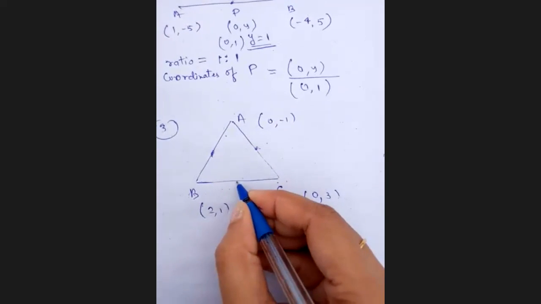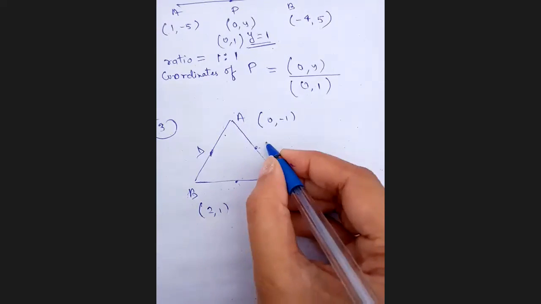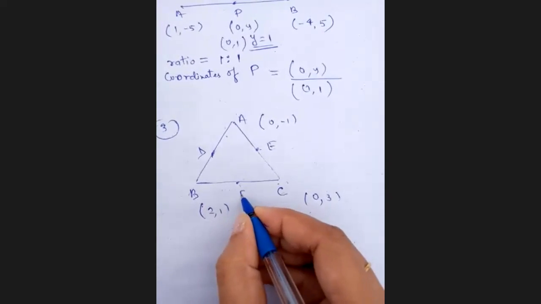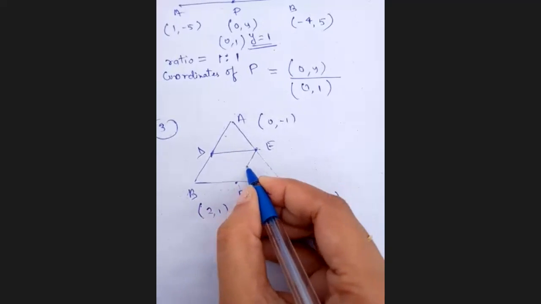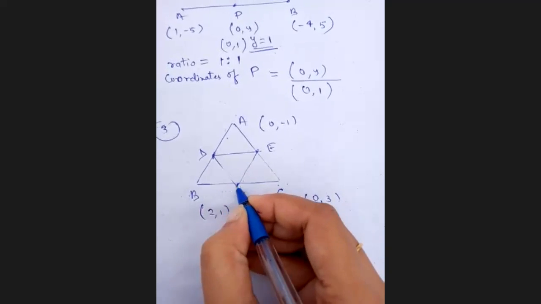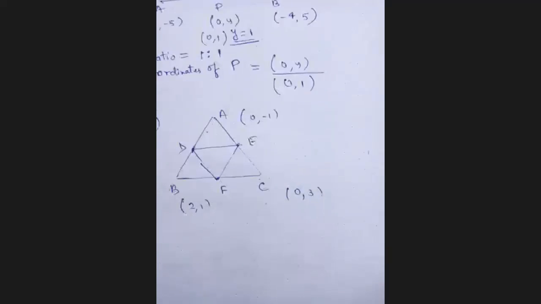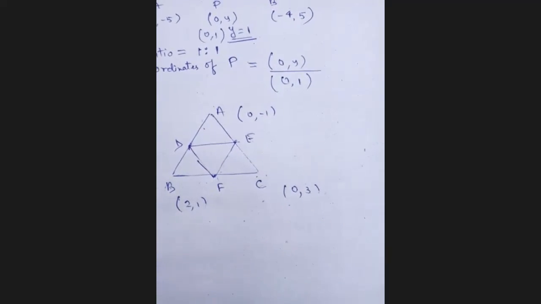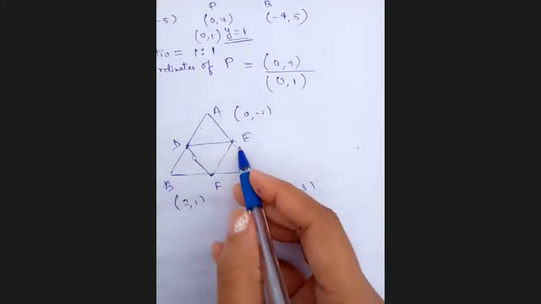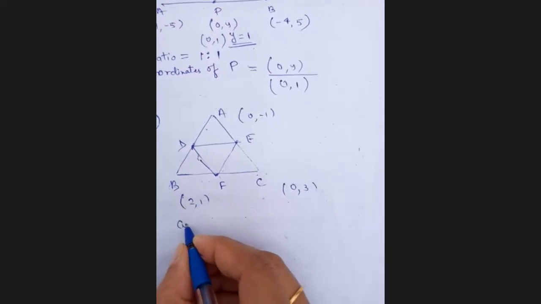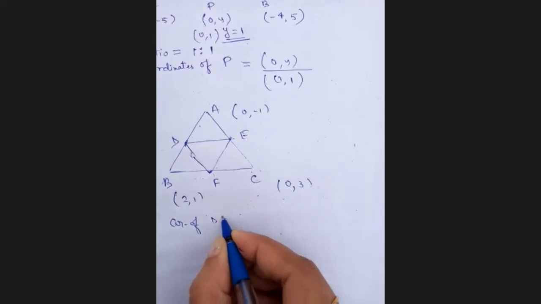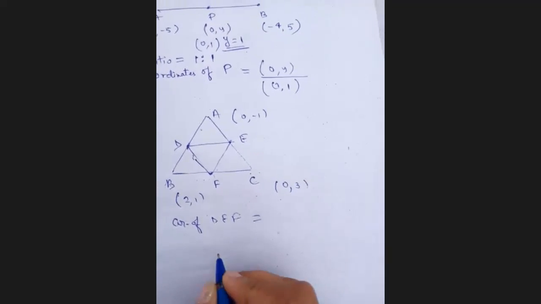So now we are considering D, E, F to be the midpoints of the given triangle ABC. You have to find the area of the triangle formed by joining the midpoints of the sides, so first you have to find the area of triangle DEF.